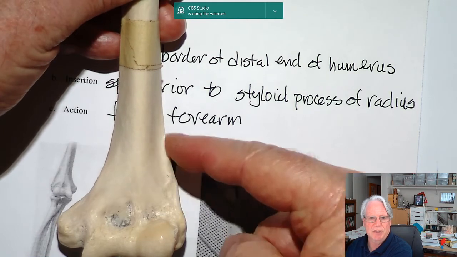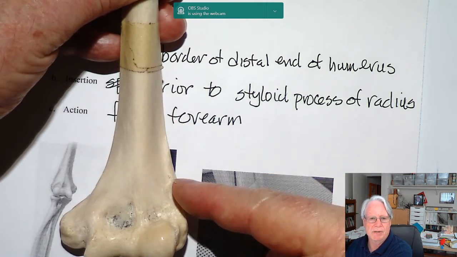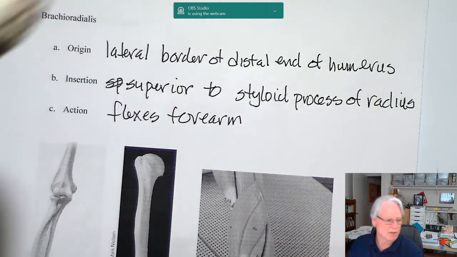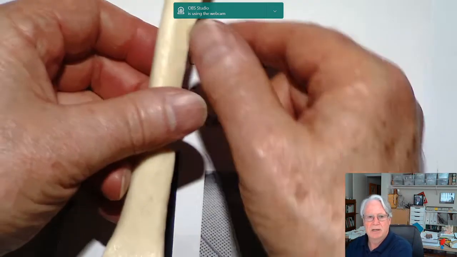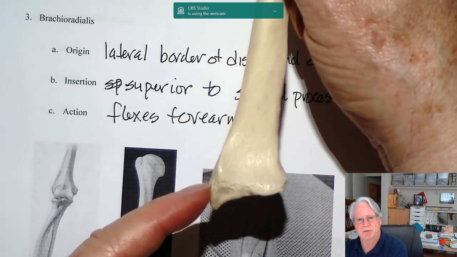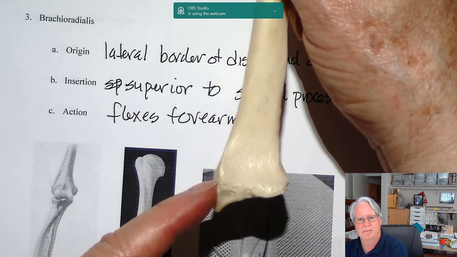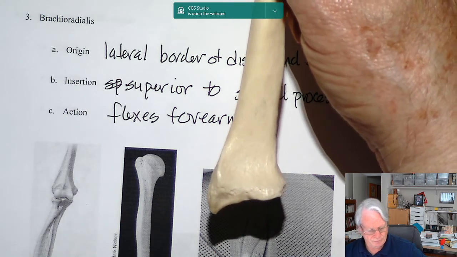So we're talking about right here. And then the insertion is that styloid process, and the insertion would be right there on that bone.